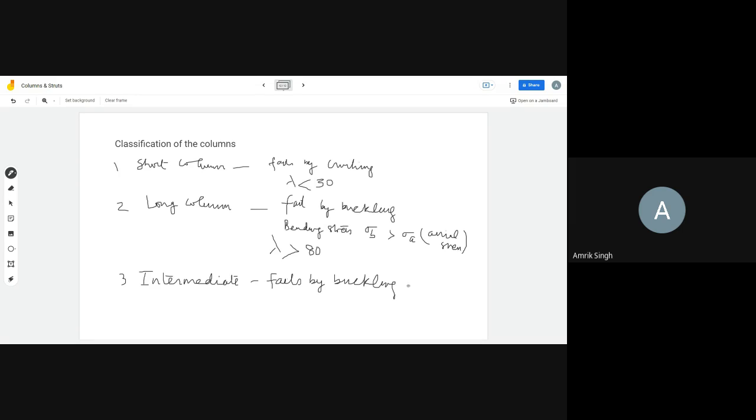And the slenderness ratio, lambda, should be between 30 to 80. Okay. So these are the three types of classification of the column.